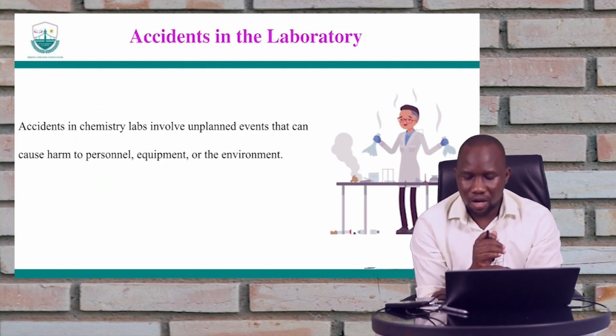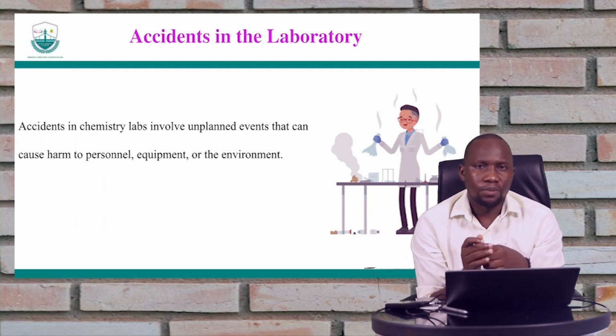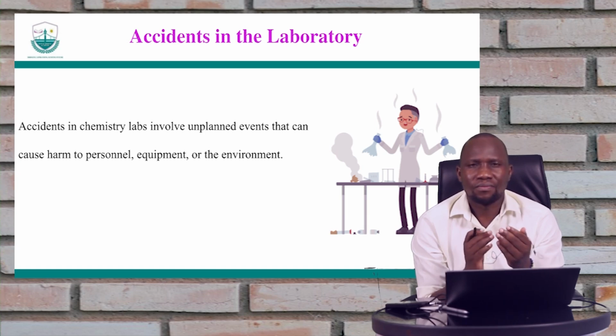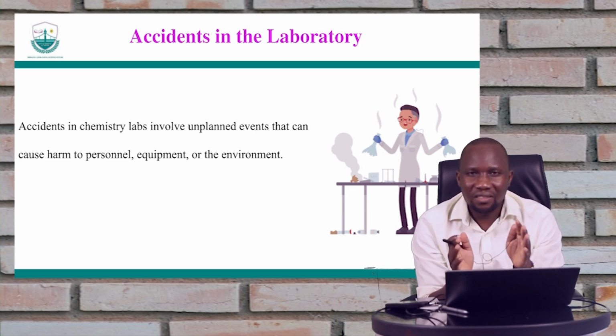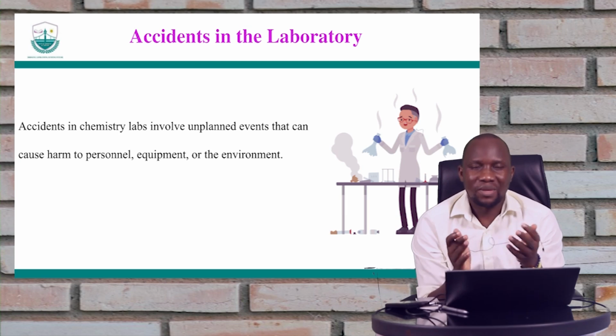So we want to know the different accidents that can happen within the lab. The accidents that can happen in the lab can come from anything. It can be the reagents, which are basically the chemicals.